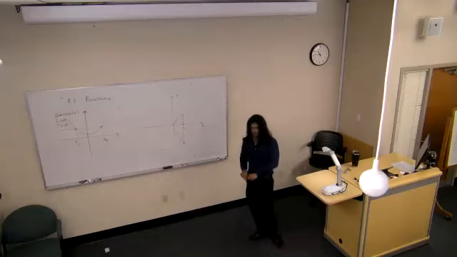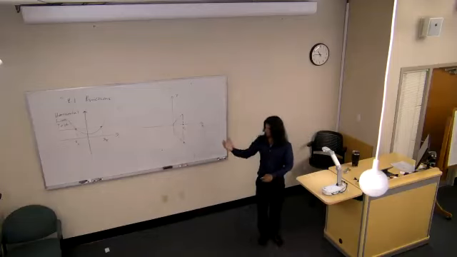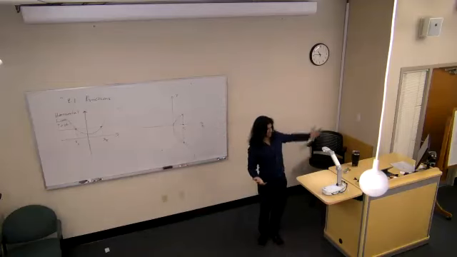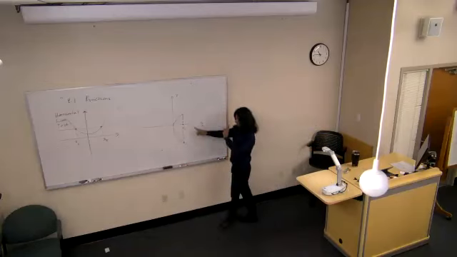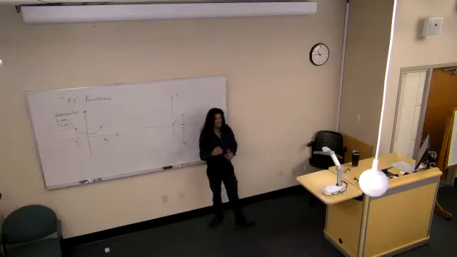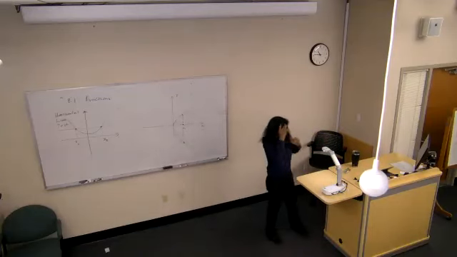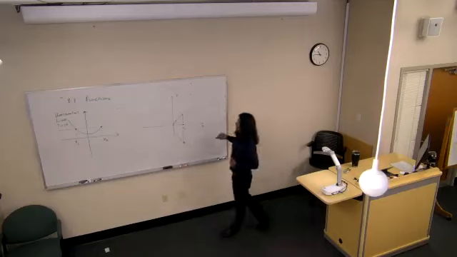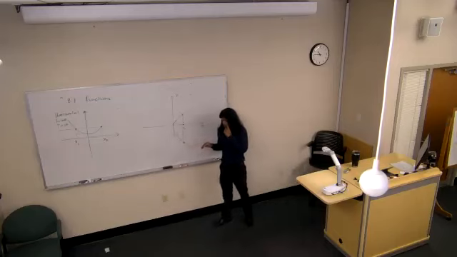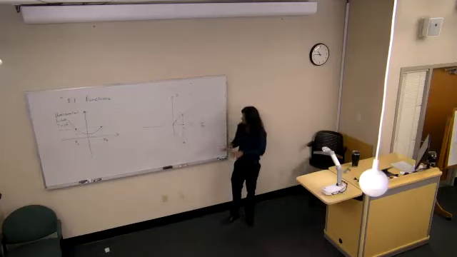You flick that switch, and all of a sudden, it turns on the light, and the garage door opens. Is it functioning properly? Not a function. Easy way to remember. One input can only have one output in order for an equation to be a function.